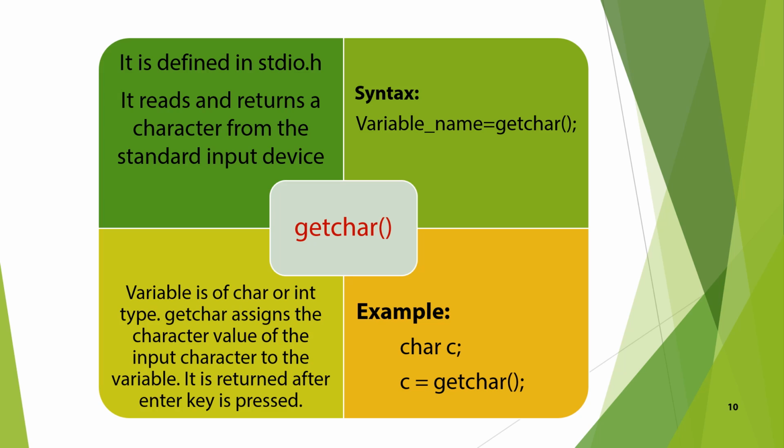This function will read a character entered by the user through the keyboard and assign it to the variable c, and the character is taken whenever the enter key is pressed. So by using this first function we can read a single character.